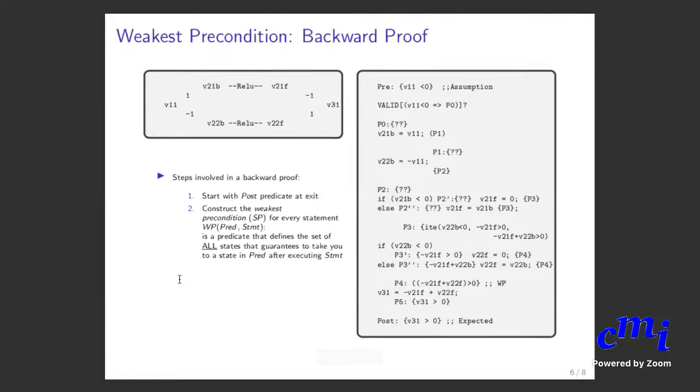So you know that I want V31 to be greater than 0. If I want V31 to be greater than 0, what are the set of all states that are permissible at this point, such that if I started in any one of them and executed this statement, I'll be guaranteed to end up in a state which satisfies P5, which in this case is the postcondition.